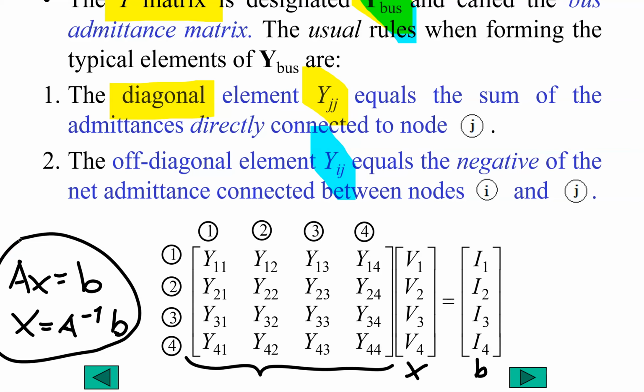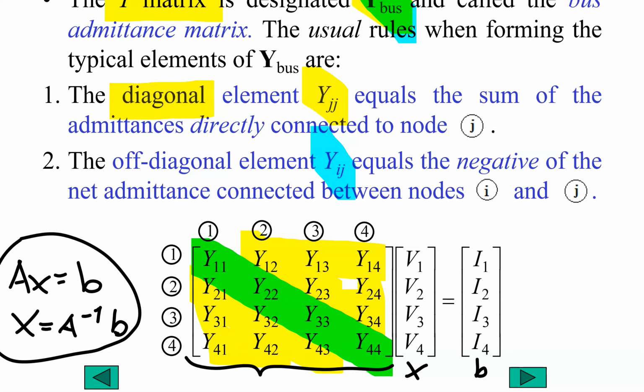So on this first rule, where you have the diagonal elements, that means these elements on the diagonal, 1,1, 2,2, 3,3, and 4,4. So this means that it is 4 nodes plus the reference bus, denoted like this. And then we have the off-diagonals, all the rest here.